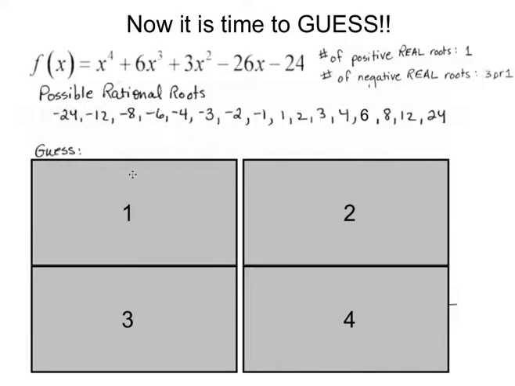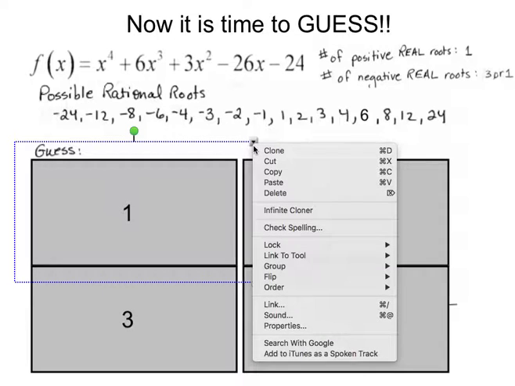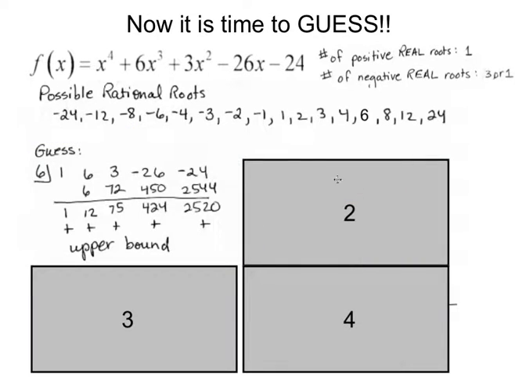So you just have to pick something and guess. When I do that, I'm pretty strategic in that I would like to find an upper bound if I can, because then I can eliminate some choices. So the first thing I guessed was 6. And when I did that, I used my synthetic division. I listed my coefficients and found that the bottom row with my synthetic division was all positive.